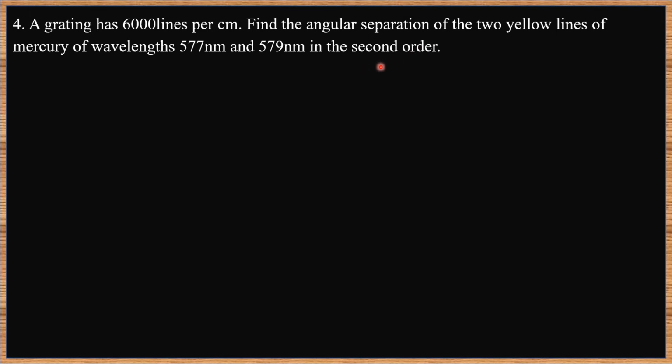We can see two yellow lines of 577 and 579 nanometer when looking through the telescope, in the first order as well as in the second order.